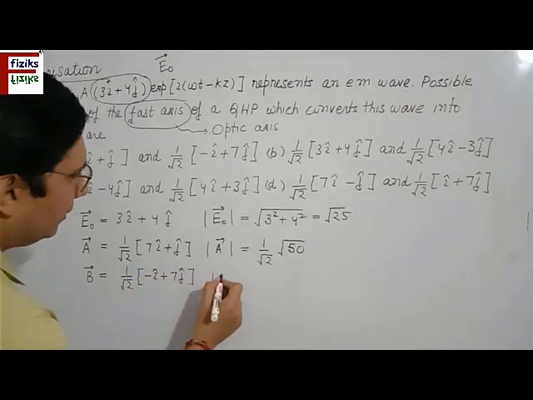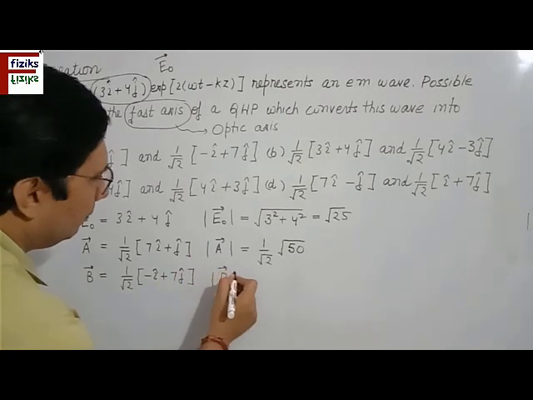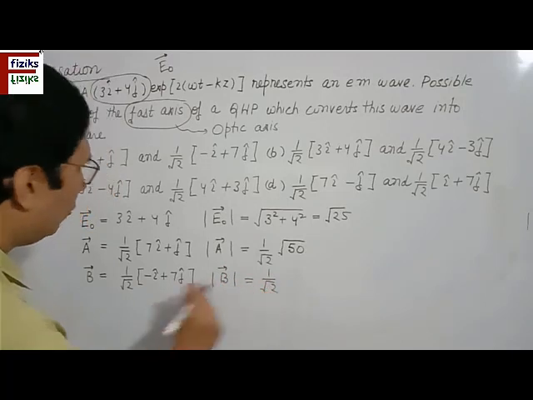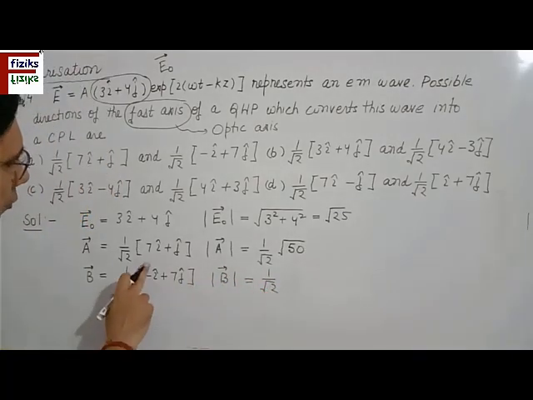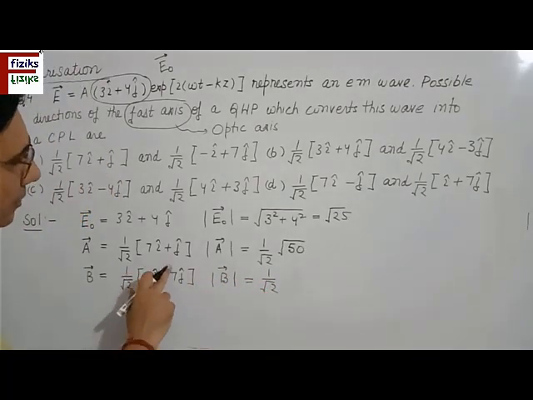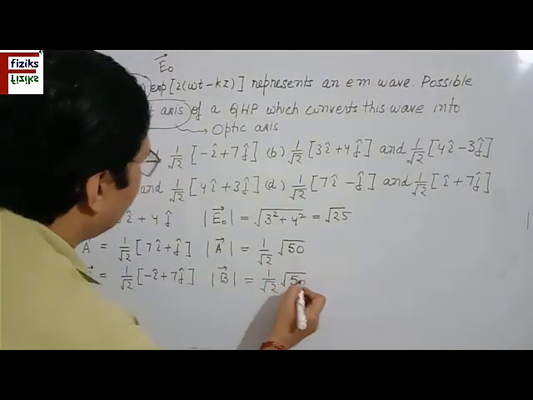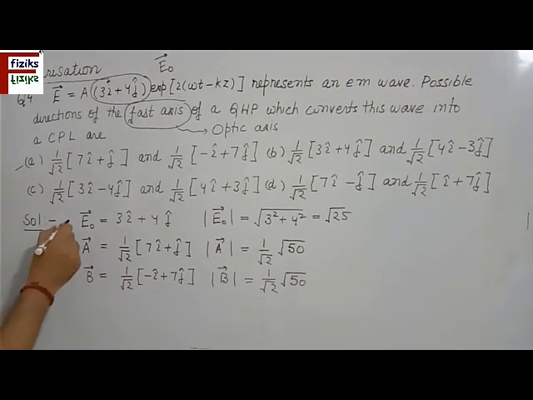The mode of this will be equal to 1 upon root 2 under root 1 square, 1, and 7 square, 49. So this will again be 50. These are the modes, and now I have to find out the angle between these two vectors, that is, what angle these two vectors are making with respect to each other.